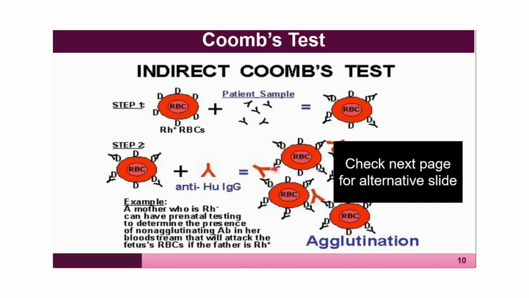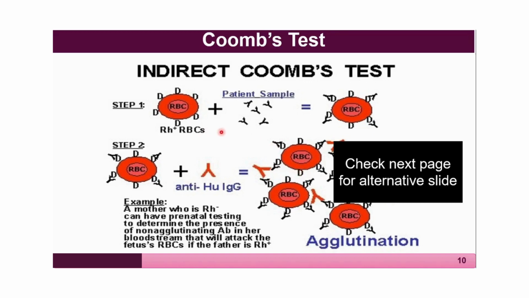The Rh antibodies are shown in black, which are readily bound to the RBC. To that you have added anti-human IgG, which is nothing but anti-Rh antibody raised in an animal, and that will cross-link these Rh antibodies that are readily bound to the RBC, which were showing very weak agglutination. Now cross-linking of the Rh antibodies by the anti-human IgG will result in a strong agglutination reaction.